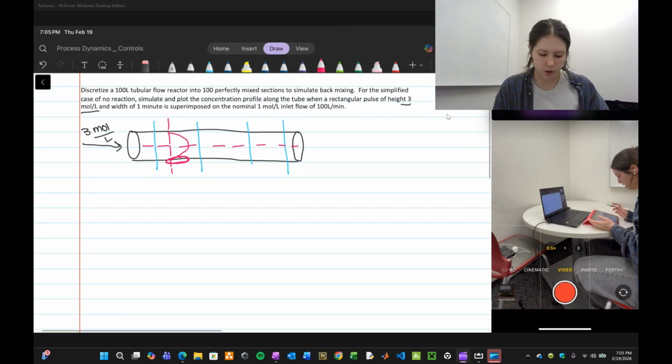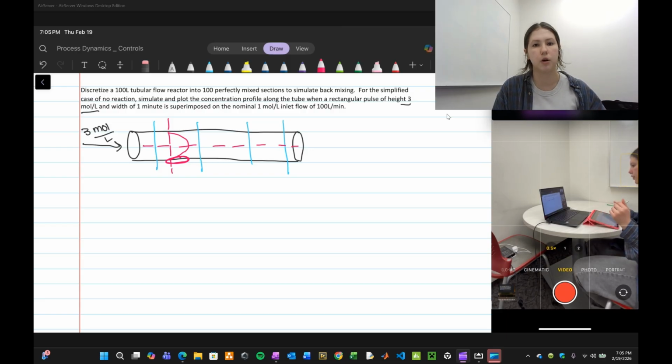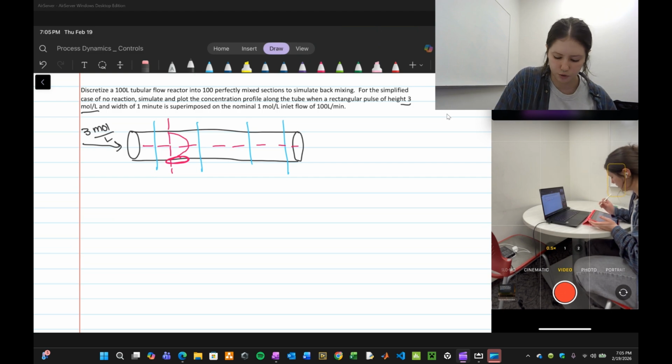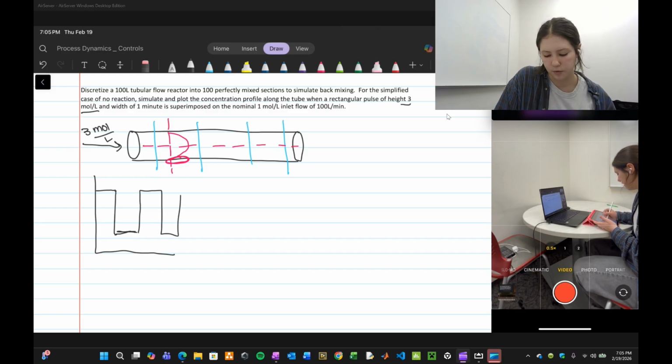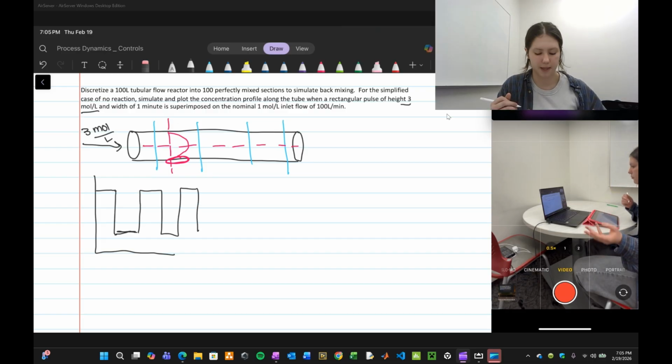When we think about what our concentration is going to look like when we have this rectangular pulse coming in, we can draw that down here. We have a concentration that's going to suddenly drop. It's going to be level at a certain concentration, and then it's going to rise again, and it's going to continue and repeat that.